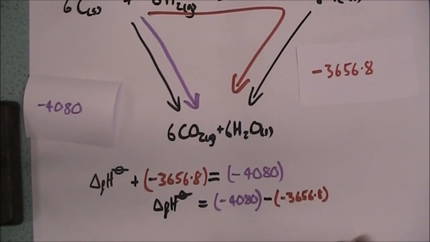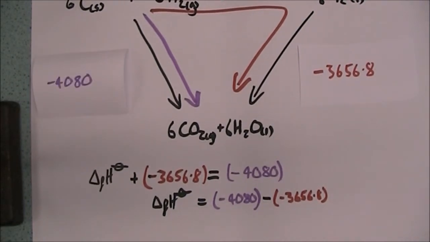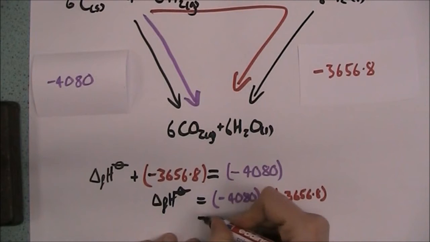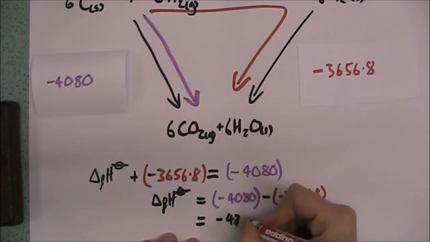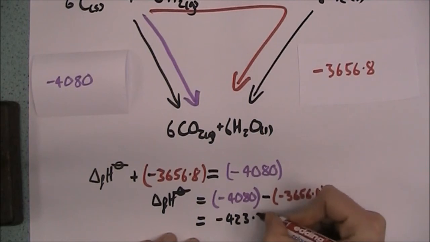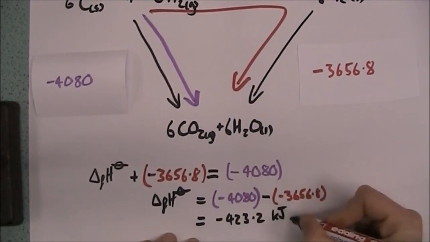Again, I haven't simplified anything out yet. If I type this into my calculator exactly as this, using the brackets, I will get the right answer out. So that leaves us with minus 423.2 kilojoules per mole.